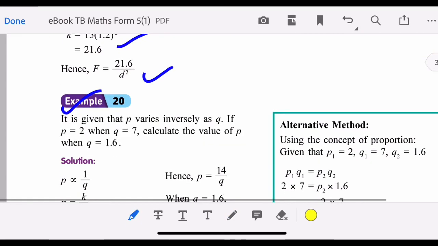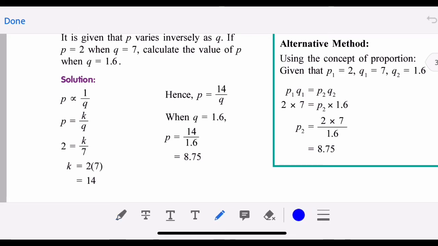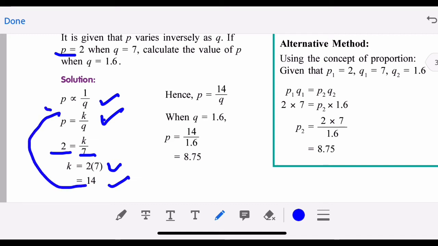Alright, so that's 19. So it is given that P varies inversely as Q. So if P is 2, we write the relation, then we change it to an equation. Then we substitute P is 2 and Q is 7. So we find K first, which is 14. So we will substitute K equal to 14 into here.